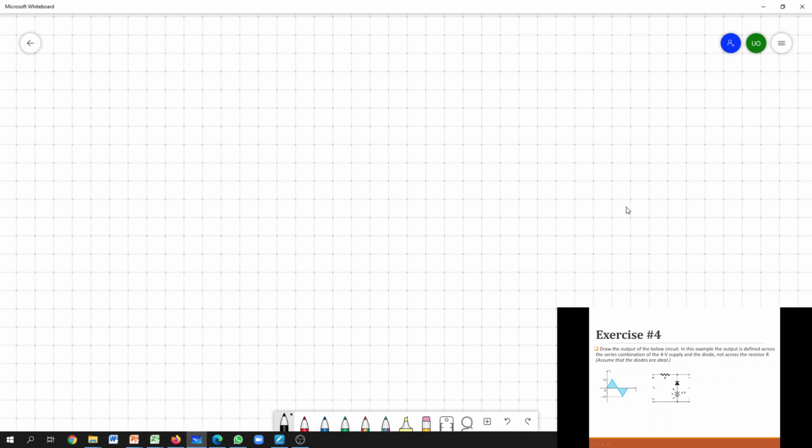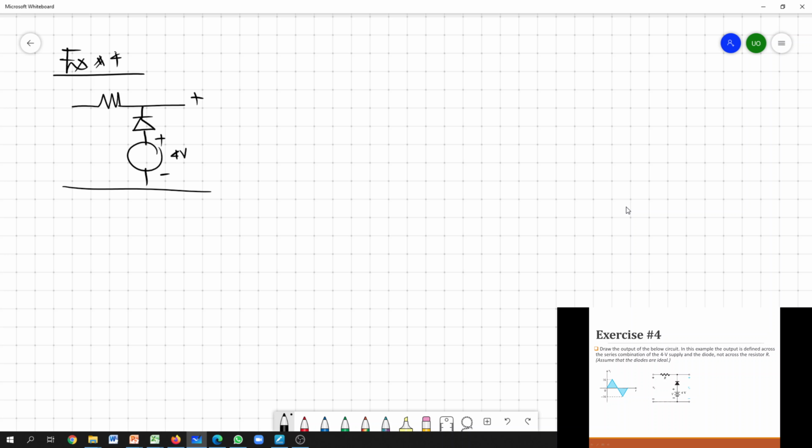Just go through exercise number 4. Exercise number 4, for clarification purposes. So now the circuit is this. We have a diode here, we have a biasing source, and the value of the biasing source is 4 volt.